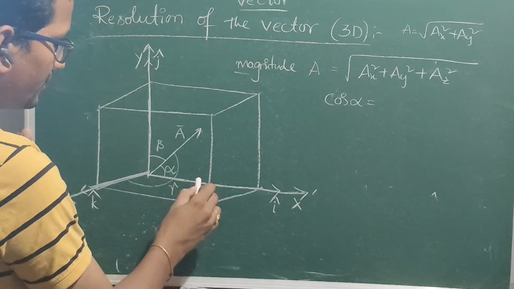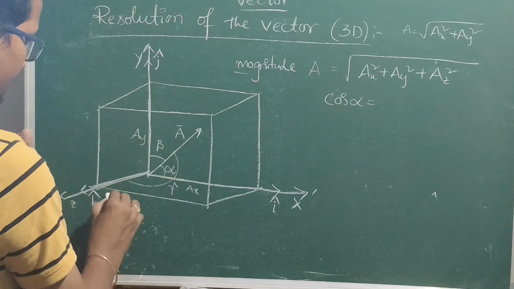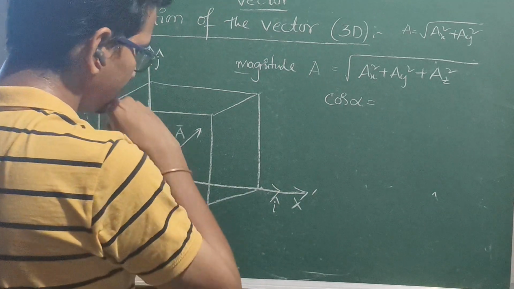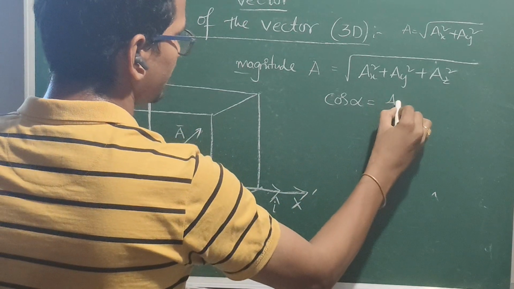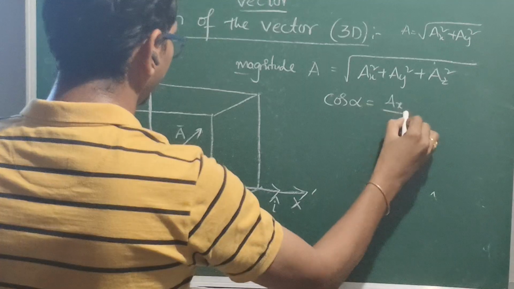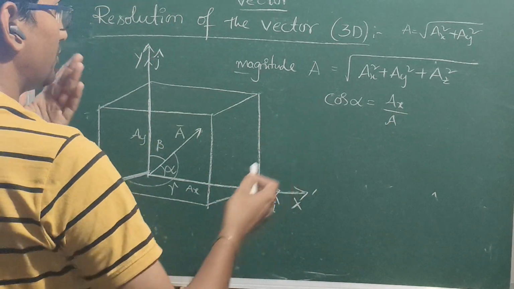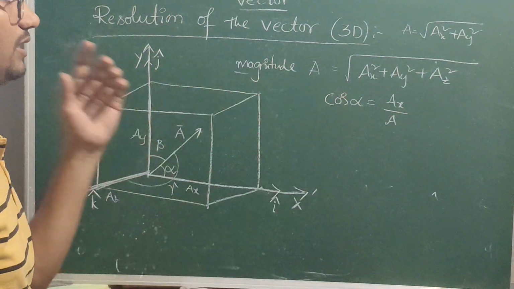Cos alpha means which component is there along the x-axis? That is Ax. This is Ay, this is Az, the z-axis. Cos alpha means adjacent side by hypotenuse, which means Ax by A. So Ax is a component, that is A cos alpha.